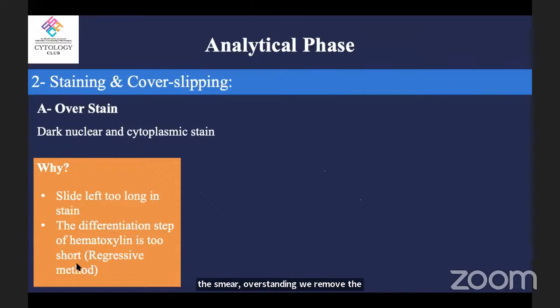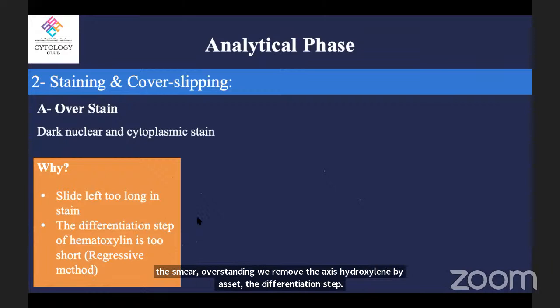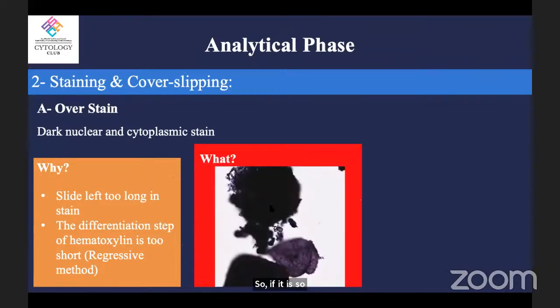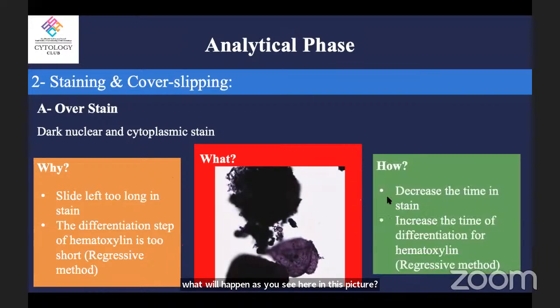So if it is too short, this will lead to overstain. And as you see here in this picture, it is overstained. And how could we avoid it? Decrease the time in stain, and increase the time of differentiation for hematoxylin in the regressive method.